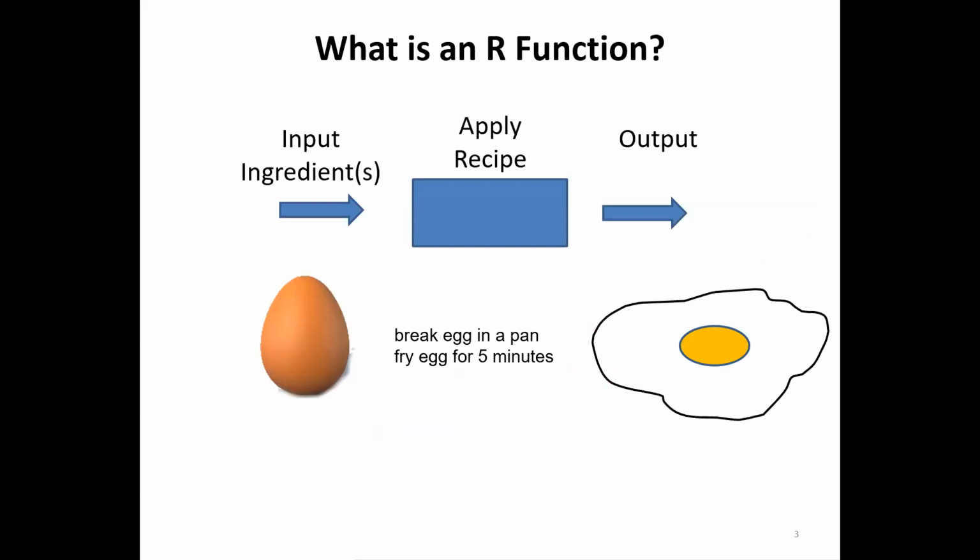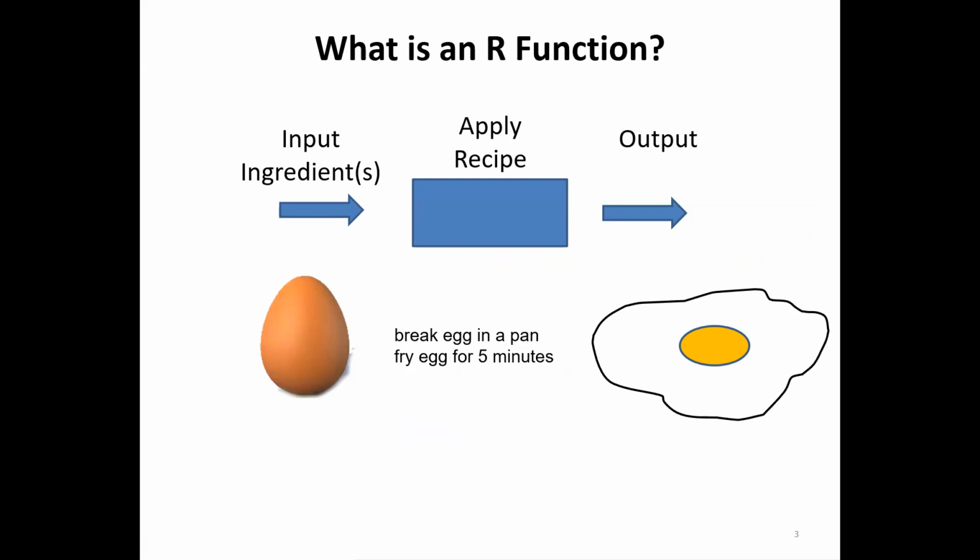So what is an R function? If you like cooking or baking, the best mental model for an R function, which is one of the ingredients to this pure R or purrr map, is a recipe.